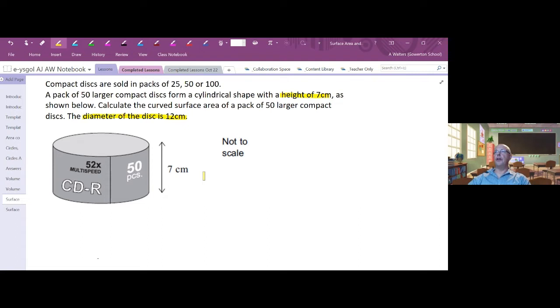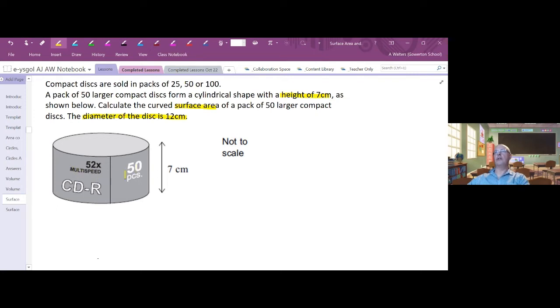Right, what we're going to do here is the surface area of this packaging that goes around the outside like that. This is the surface area that goes around the outside.